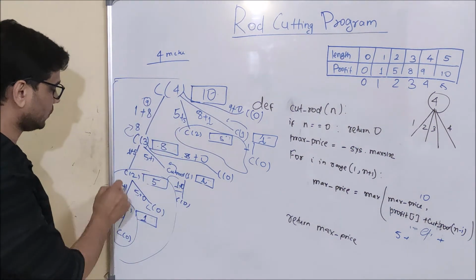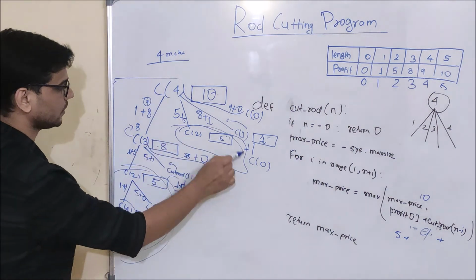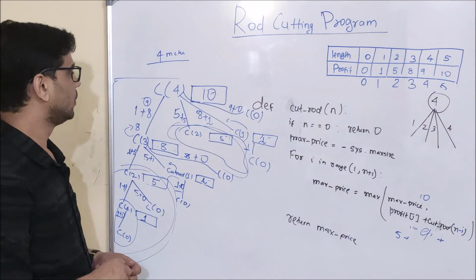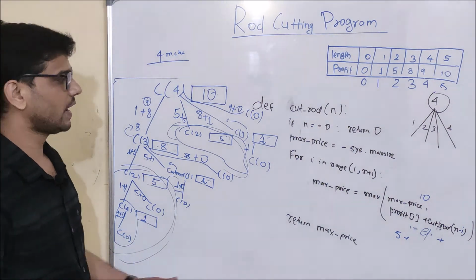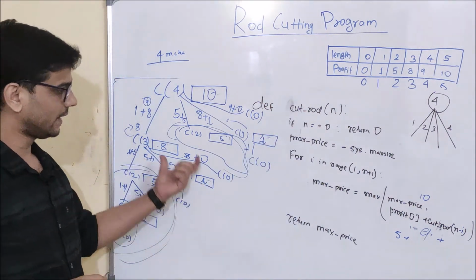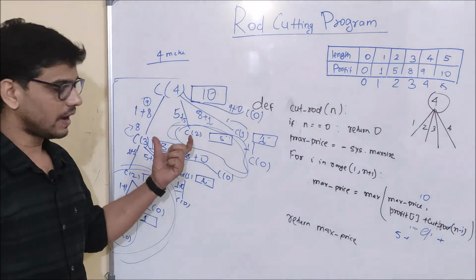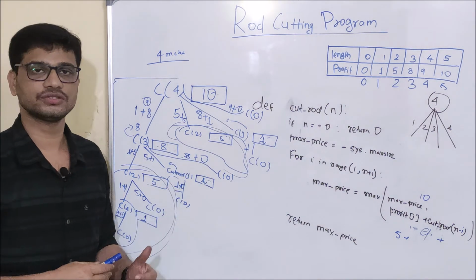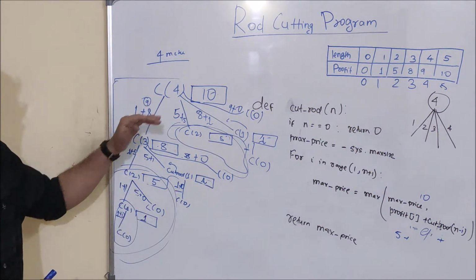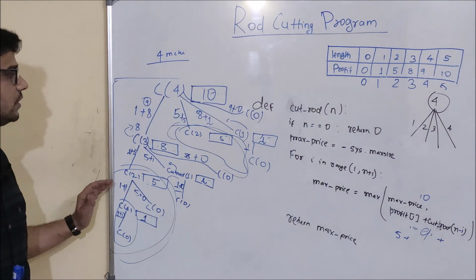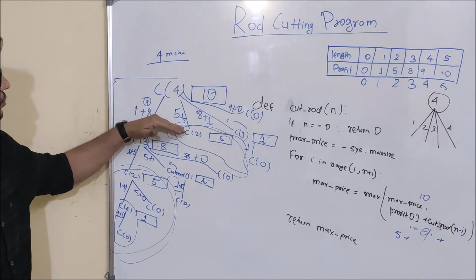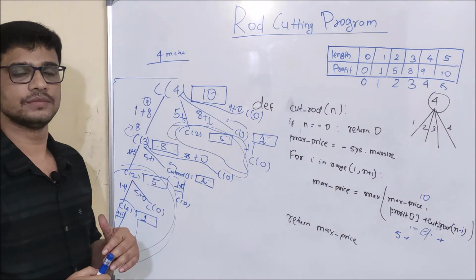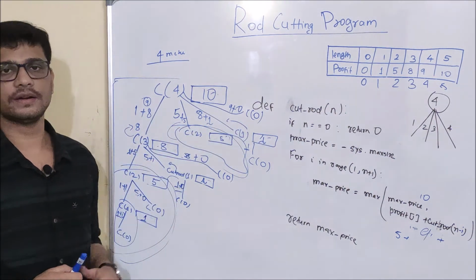And as you can see here, this is overlapping subproblem. I have already shown it. Now let's come to the optimal substructure. As I already have a recursive equation and overlapping subproblem, to apply dynamic programming here we will check for the optimal substructure property. So as you can see here, cut rod of 4 is calling 4 different functions: cut rod of 1, 2, 3 and cut rod of 0.